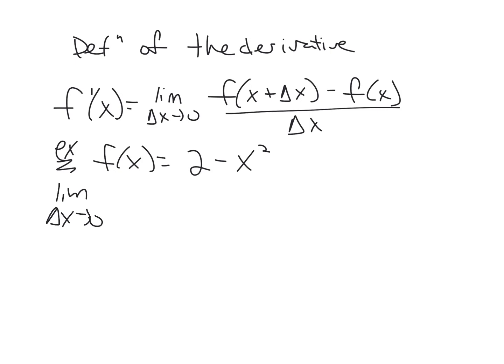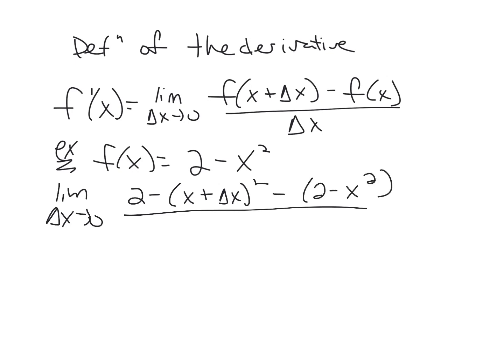put in that x plus change, or where we see an x, so it would be 2 minus x plus change of x squared minus 2 minus x squared over change of x.